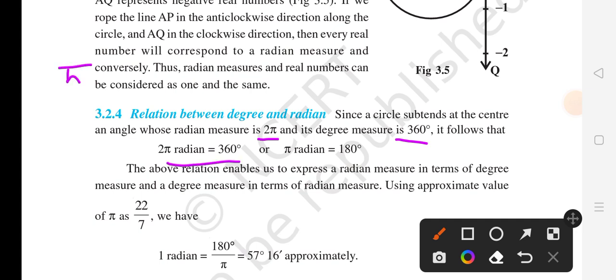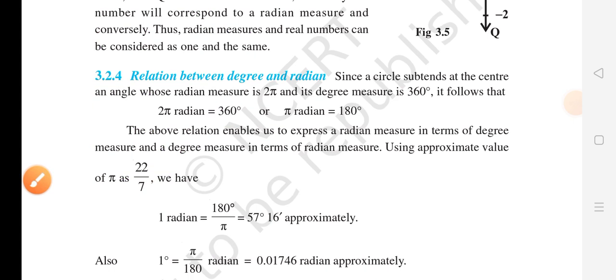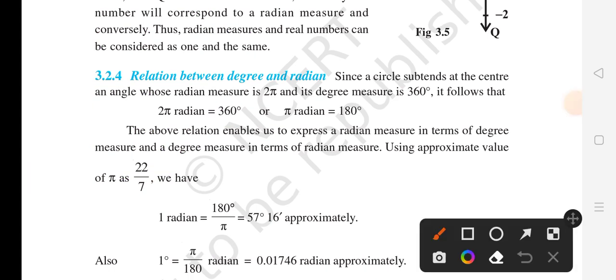Then pi radian equals 360 degree divided by 2, that is 180 degree. Always remember pi radian equals 180 degree. This is the relation between degree and radian.